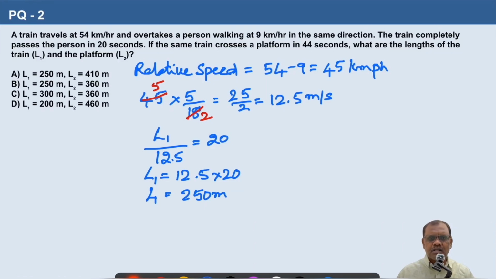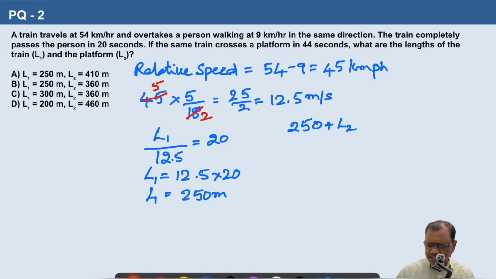And now the same train crosses the platform in 44 seconds. The length of the platform we don't know, so we assume it as L2. For the train to cross the platform, it should cover a distance of the length of the train plus the length of the platform, L2.